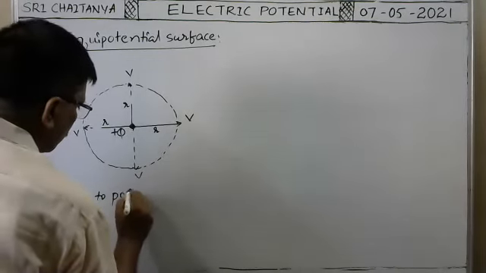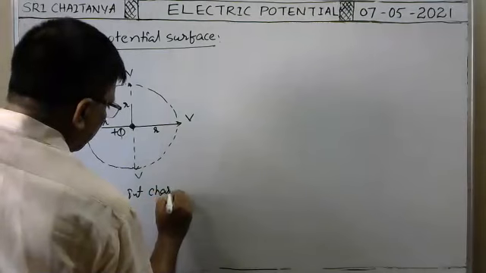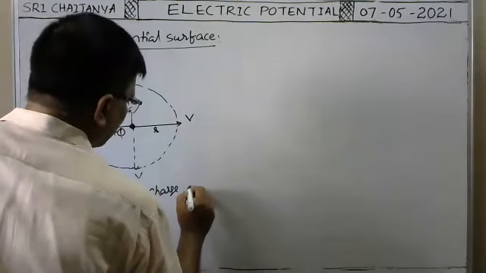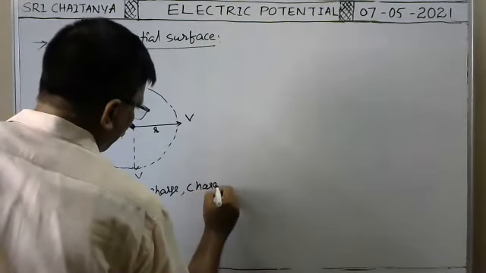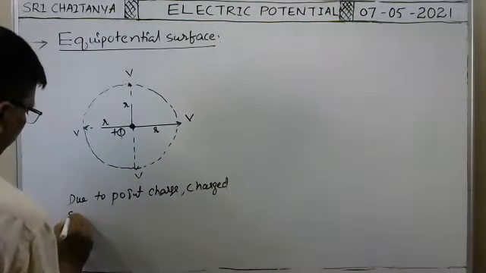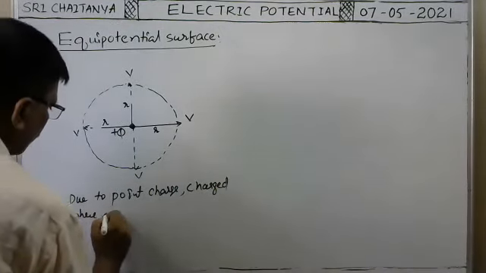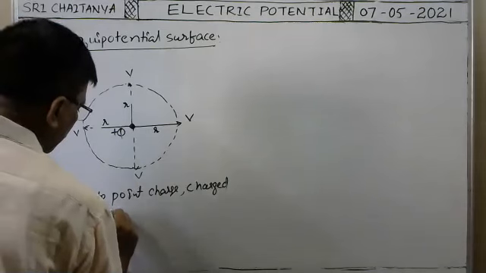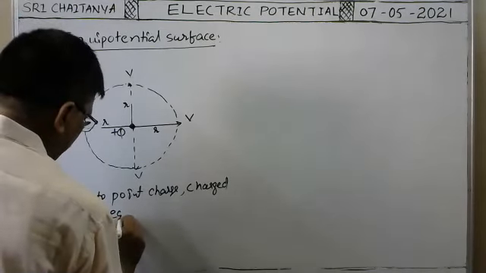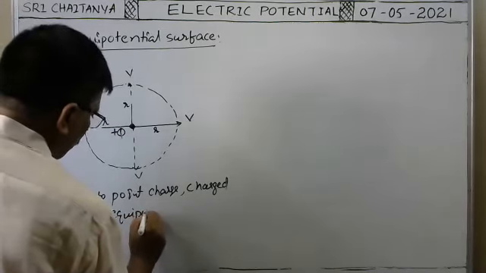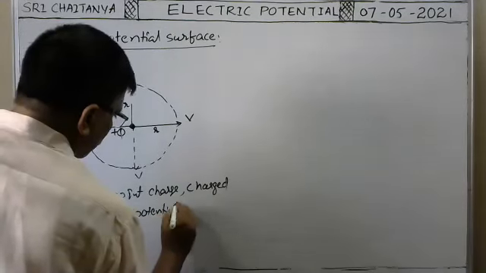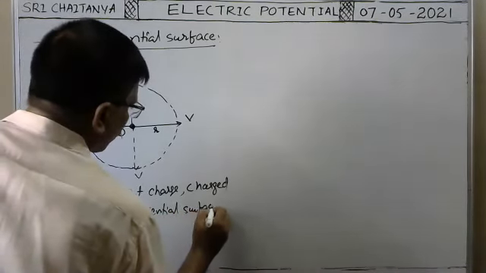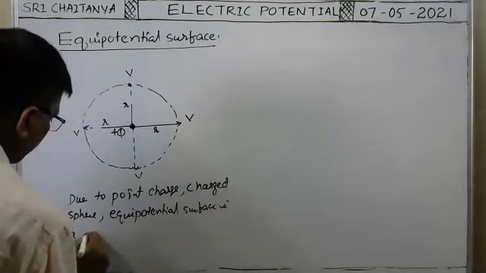So here, due to a point charge or a charged sphere, connecting or non-connecting, the equipotential surface is a sphere.